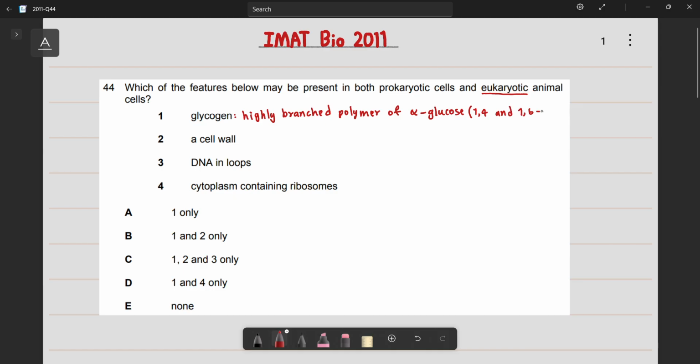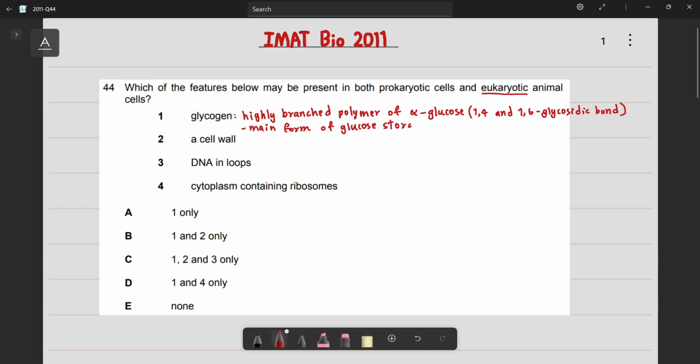These are the glycosidic bonds. This makes a very branched structure, because we know glycogen is not a linear structure, it is a highly branched structure. The main function of glycogen is as the main form of glucose storage.